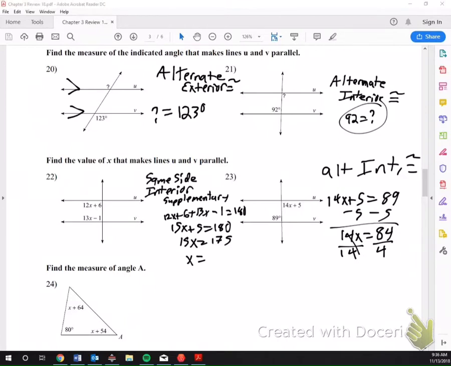No. That's 25x. Okay, because I can count. 12 plus 13 is not 15. Actually, it's 25. So that's going to equal 7.